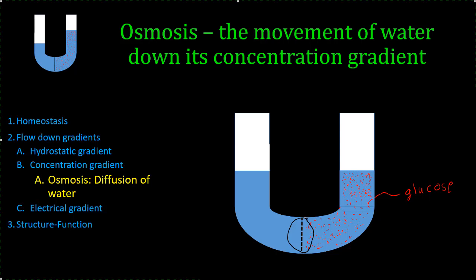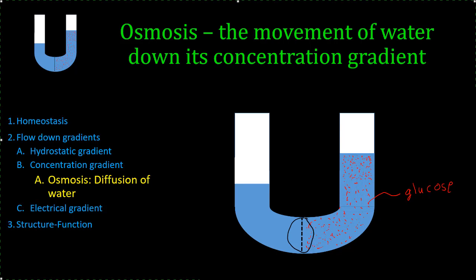Why? Well, the glucose concentration is higher, therefore glucose molecules are taking up some of the space that would otherwise be occupied by water. Therefore, water concentration is lower. Like any other molecule, water will move down its concentration gradient from higher concentration to lower concentration, in this case from left to right.